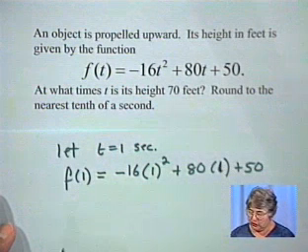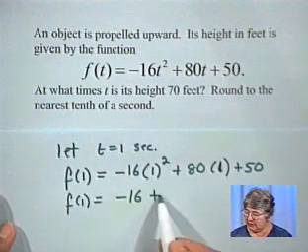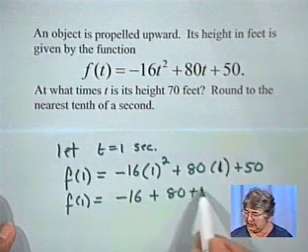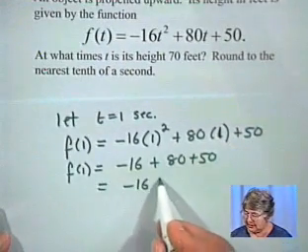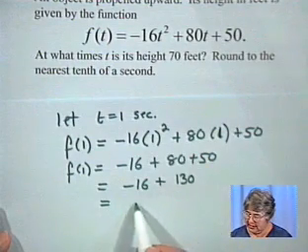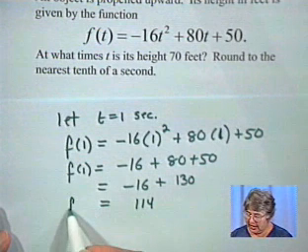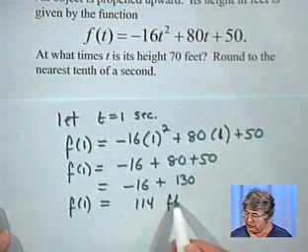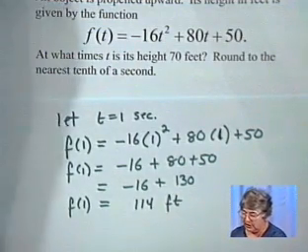So what is the position after 1 second? We get minus 16 plus 80 plus 50, plus 130, and that's the same thing as 114 feet. So after 1 second, its height is 114 feet.